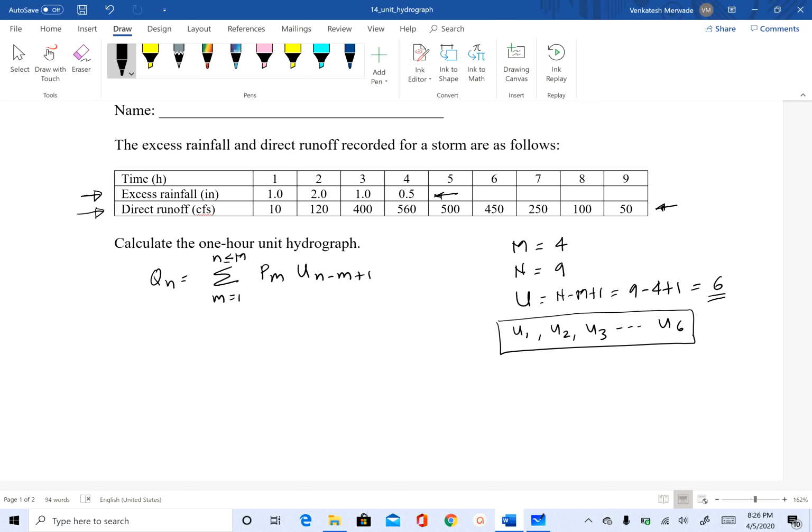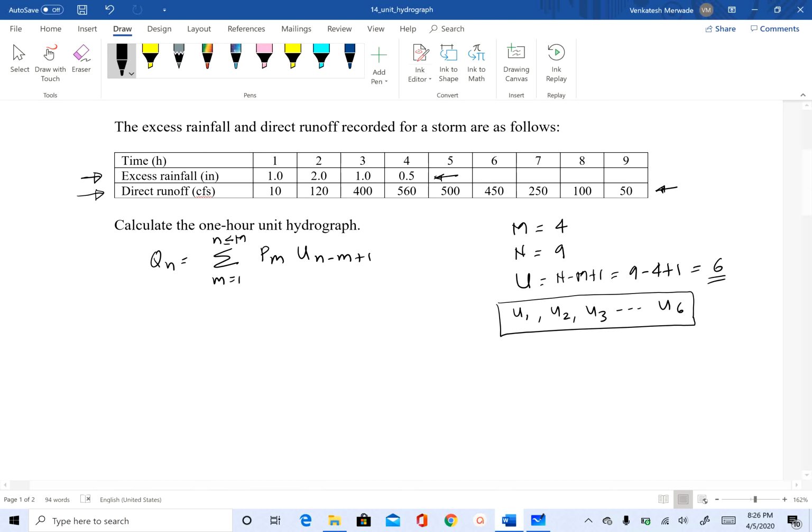So let's start with n equal to 1. Q1 is equal to the sum where m is 1 and it goes up to small n, which is 1, so we are going to have only one term, m equal to 1, so P1, and then n is 1, m is 1, so 1 minus 1 is 0 and you are left with 1, so that gives you P1 U1.